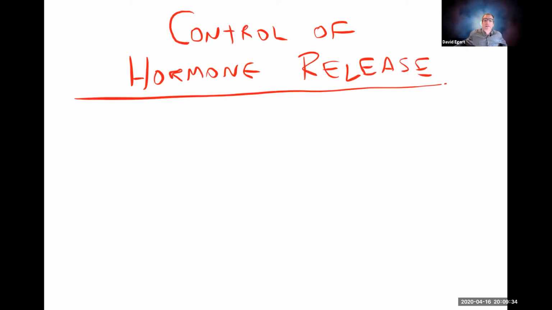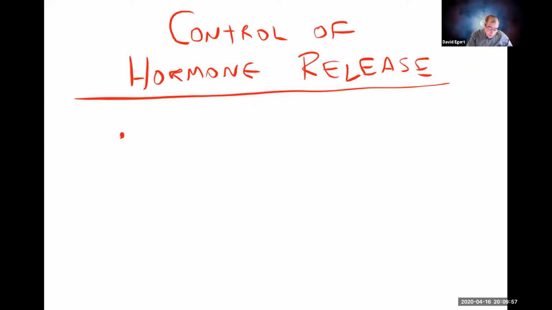So what kind of things will actually trigger the release of hormones by an endocrine gland? Physiologic changes? Yeah, so one thing is just the environmental milieu, like if your sugar levels are going up or down, or if calcium levels are going up or down.